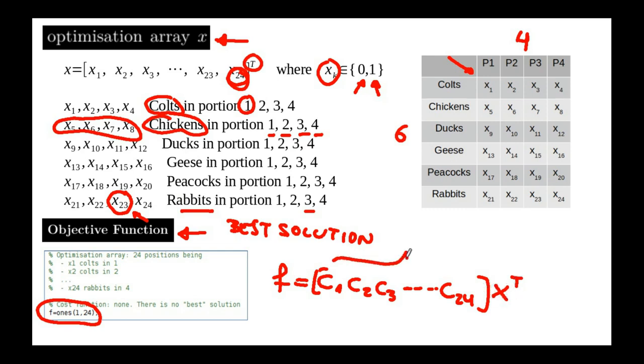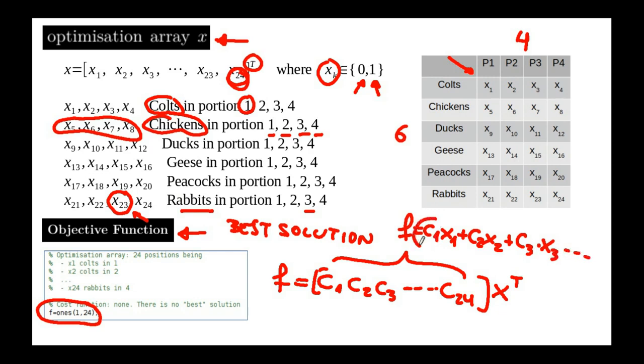So these 24 elements mean how good it is to put x1 equal to 1, because at the end f is equal to c1 multiplied by x1 plus c2 multiplied by x2 plus c3 multiplied by x3, and so on.